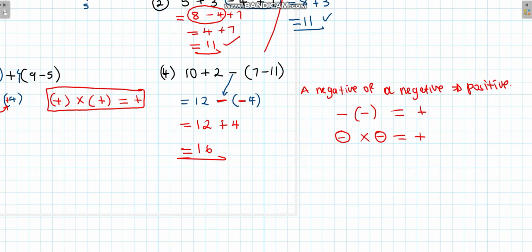Okay. And then we also have some other things which was additive inverse.